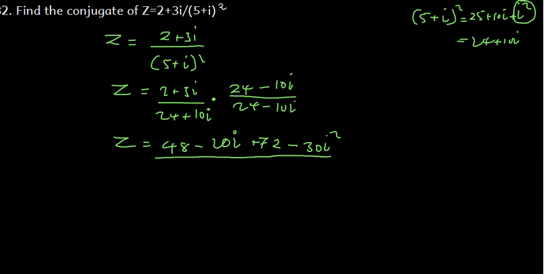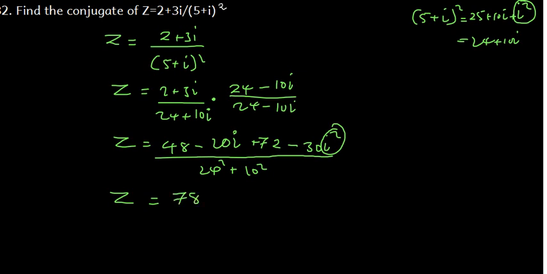Now multiplying a number by its conjugate in the denominator, you just get the first number, square it, again get the second number, square it, not the i, just the number in front. So where there is an i squared, we can place a negative 1, that will be negative 30 times negative 1, which will be positive 30. And then positive 30 we can add to the 48 because it's also a number without any i. So that would be 78.